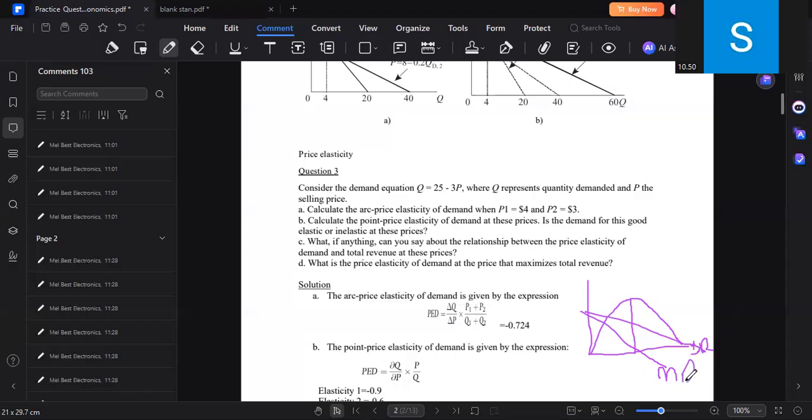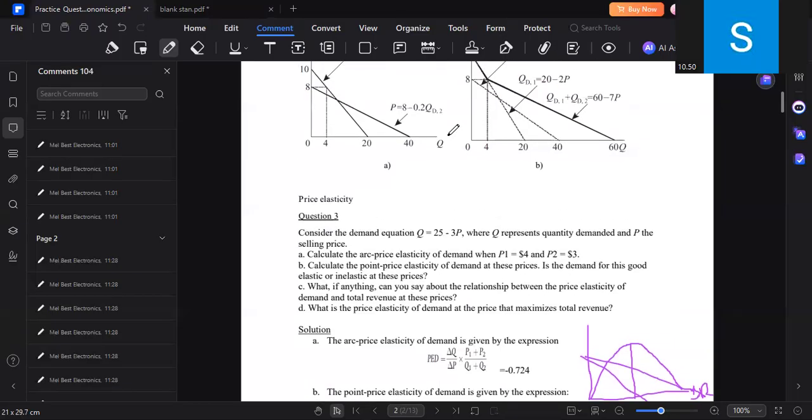I'll talk about the graphs properly later, but we must understand that when total revenue is maximized at this point, marginal revenue is 0. That is, elasticity is equal to 1.